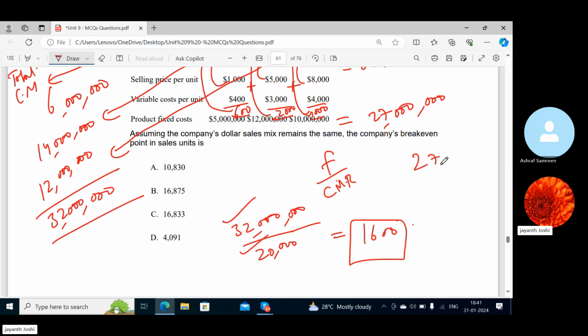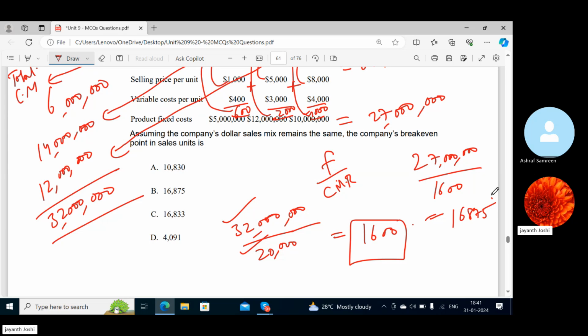So fixed cost by 1600 contribution margin. Tell me what is the break-even point? 16,875. This is the break-even point per unit, right? Yes.